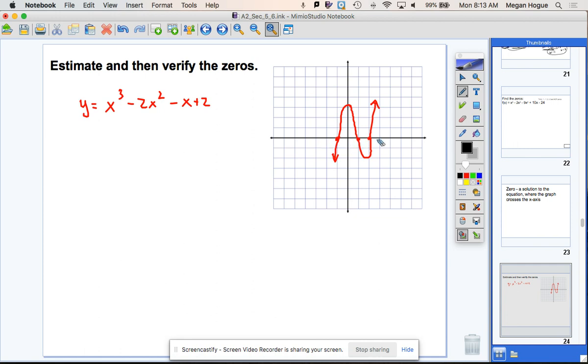So I will tell you, if I kind of look at this, this looks like it crosses at x equals 1. This looks like it crosses at x equals 2. And this looks like it's at x equals -1 if you want to try and sketch it. If I were sketching it, I'd make a little coordinate plane. I'd put dots at -1, 1, and 2, and then I'd try and throw a curve up there.